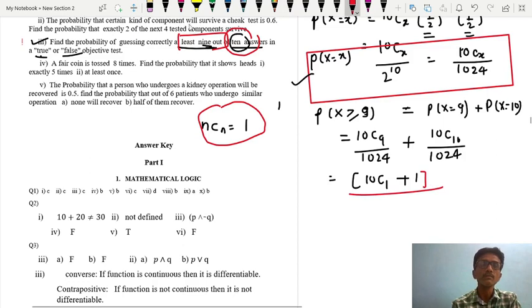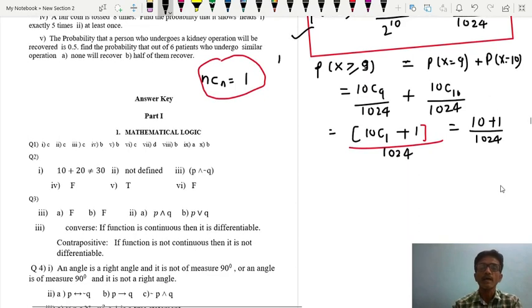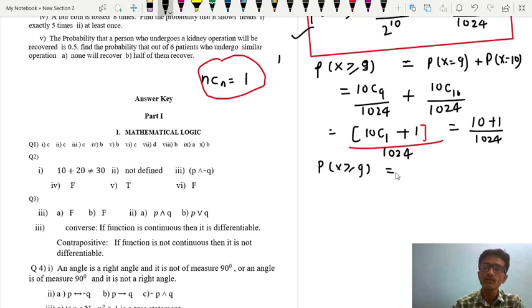So in all, 10C1 is 10 plus 1 upon 1024. Therefore the probability of getting at least 9 out of 10 is P of x greater than or equal to 9, and that is equal to 11 upon 1024. So this is our answer.